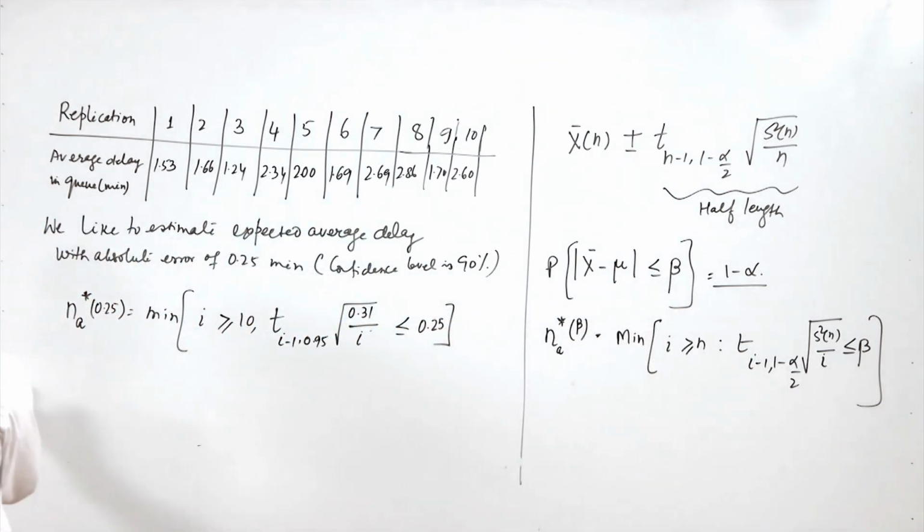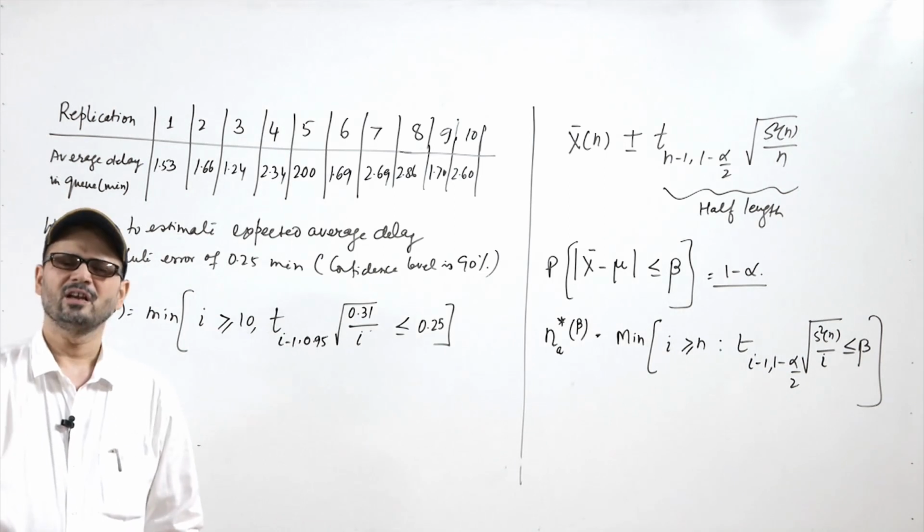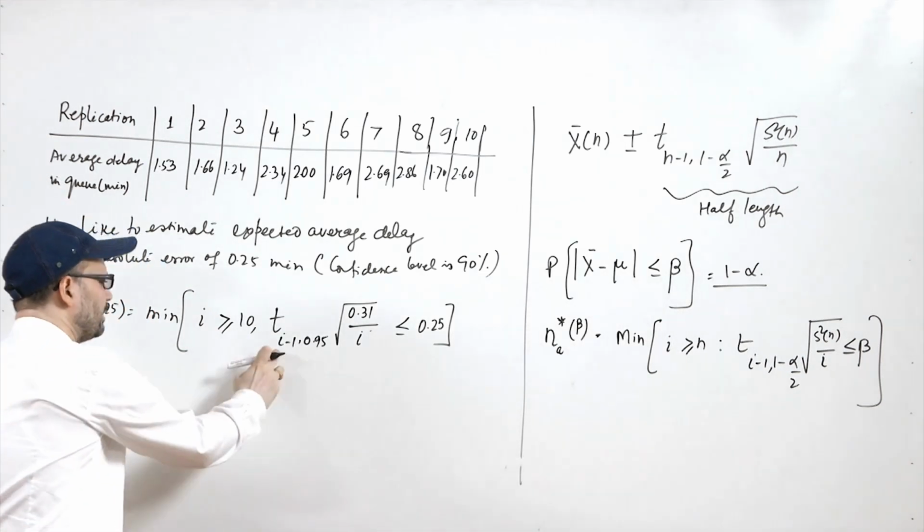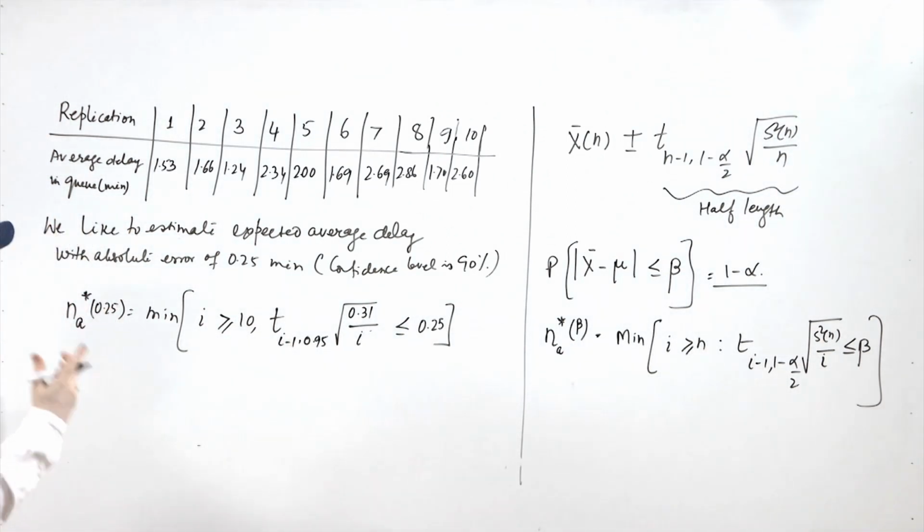So, after 10 you have to check it. Now, suppose after 10, for every i you have to check it. So, supposedly you take i equal to 15.